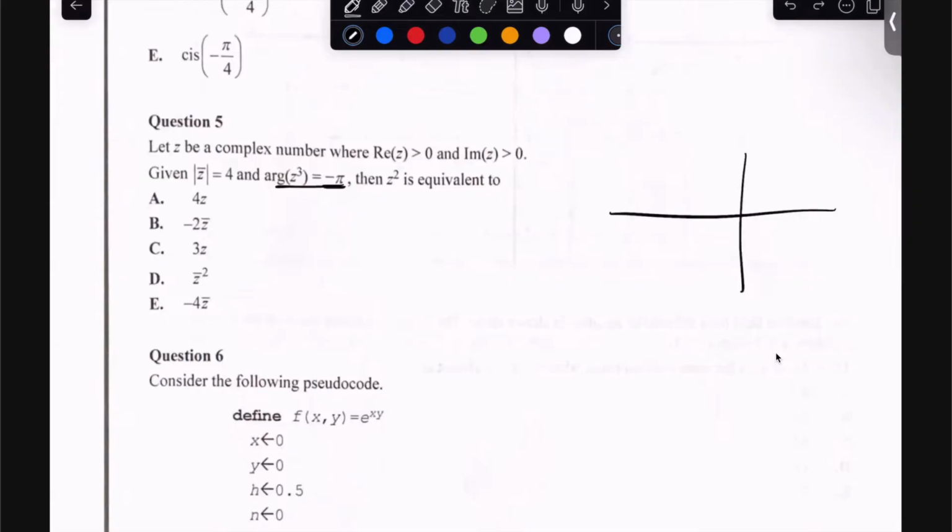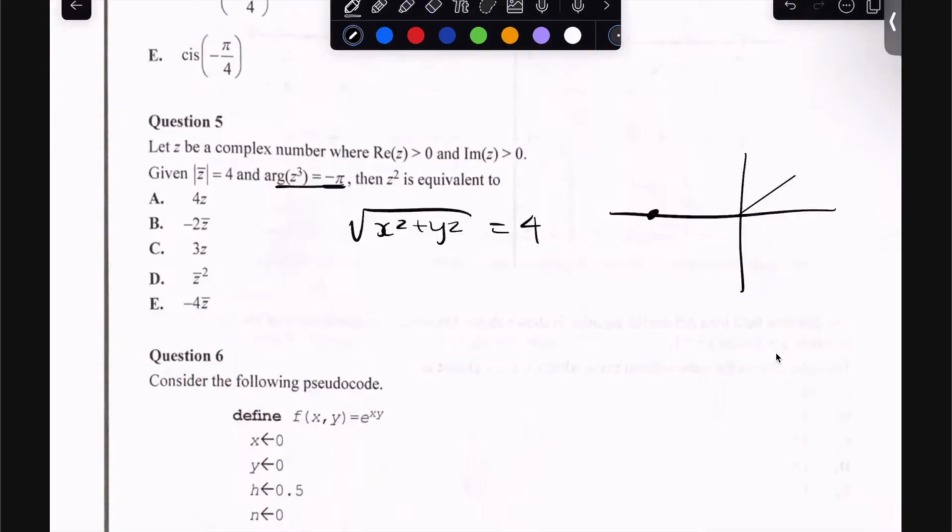So the magnitude is 4 and it's over here if you cube it, right? So if it's in the first quadrant, and then they want z squared. Alright, so the square root of x² + y² is equal to 4.